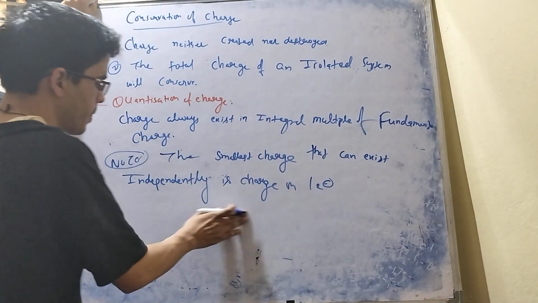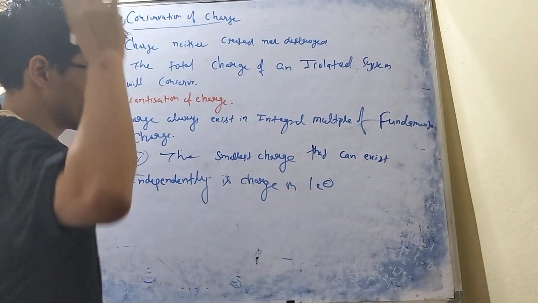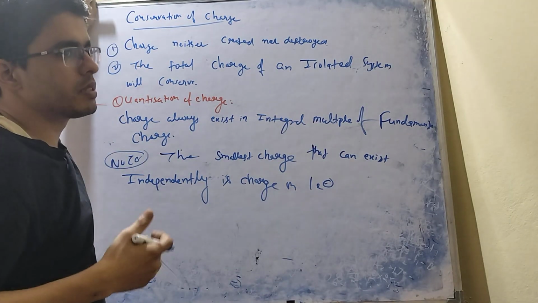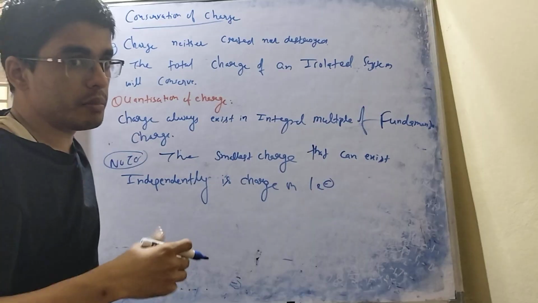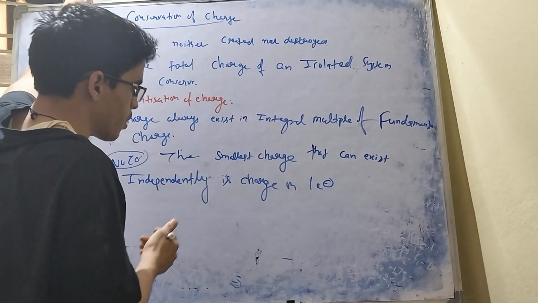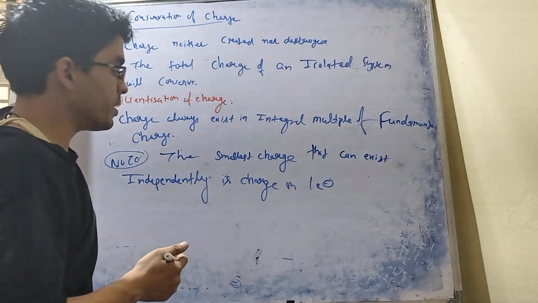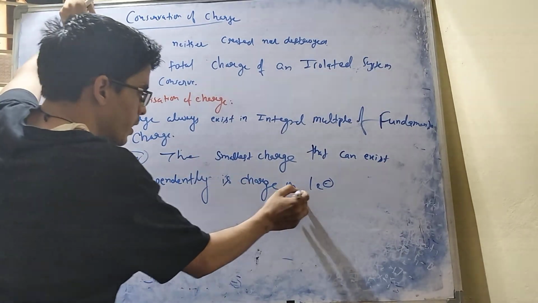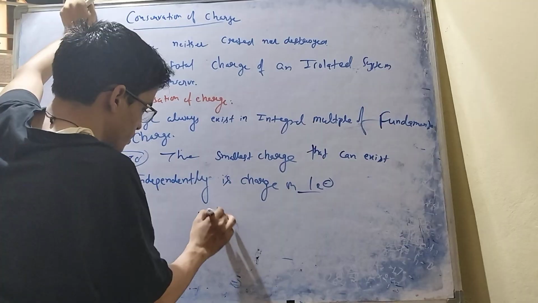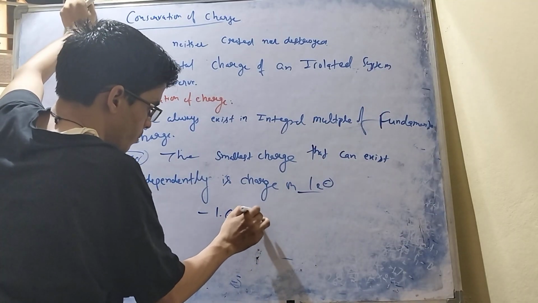Why? I told you already, suppose I want to purchase 10 markers. So what is fundamental? 1 marker is the fundamental, minimum marker, right? But here we cannot say directly that 1 coulomb is the minimum. Why? Because it has been observed that the charge on 1 electron is minus 1.6 into 10 power minus 19 coulomb.